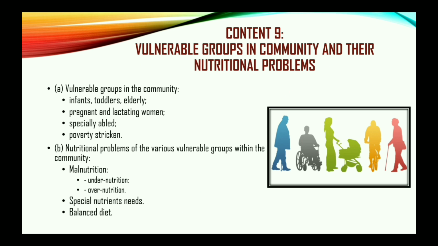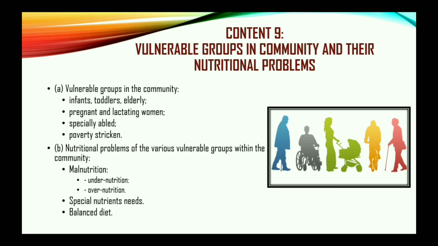Special nutrients that are required are iron, right, to help in the development and formation of the baby. So we speak of iron, calcium, folic acid, very important, or we may say folate, and all the other nutrients are very important at this stage for the pregnant and lactating woman. Good.